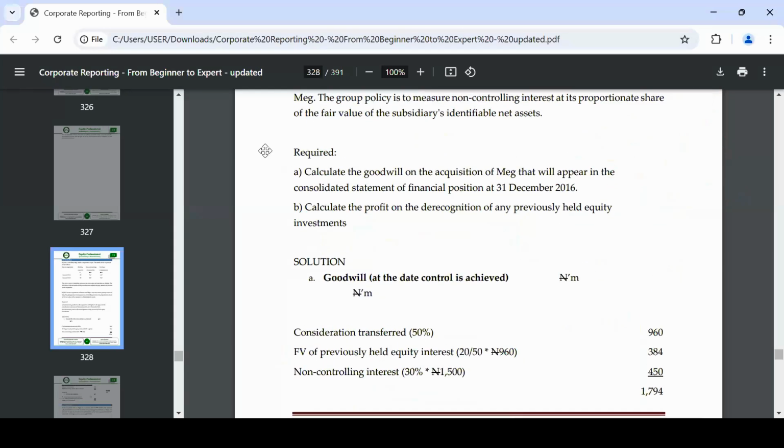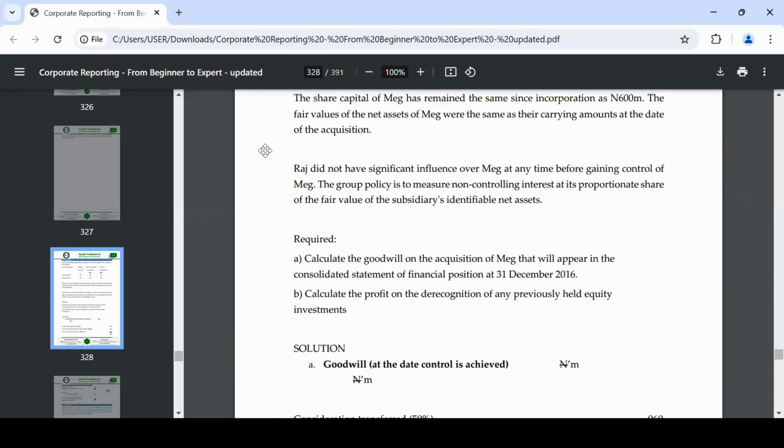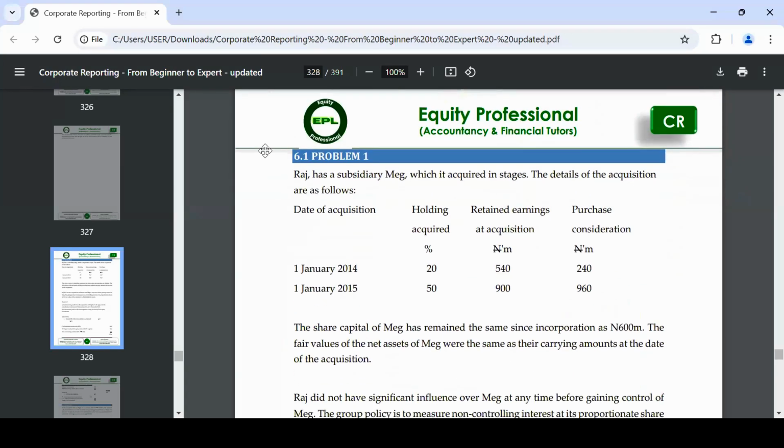Now, let's do this together. When they bought 50%, on which date? They bought the additional 50% on 1st January 2015, all right? And what was paid was actually 960 million.